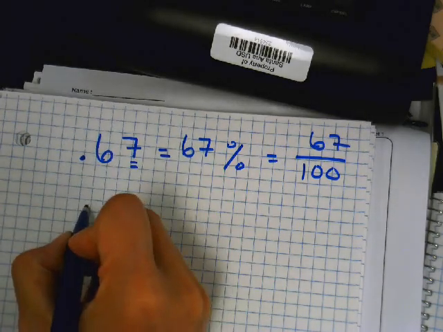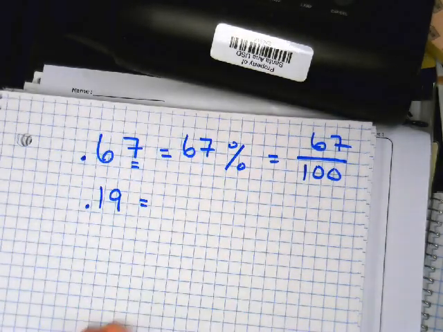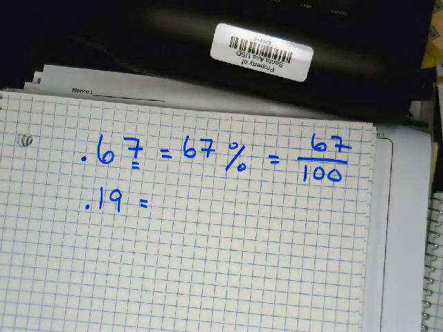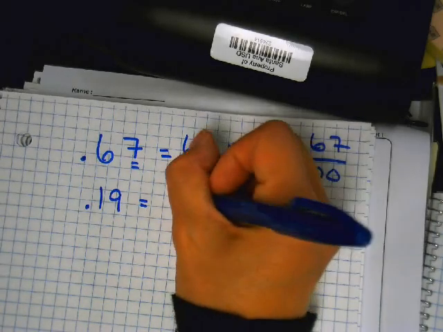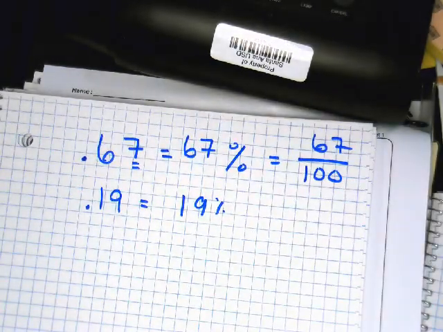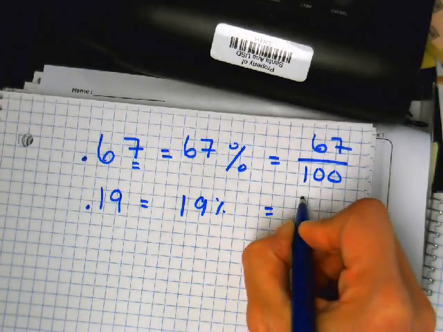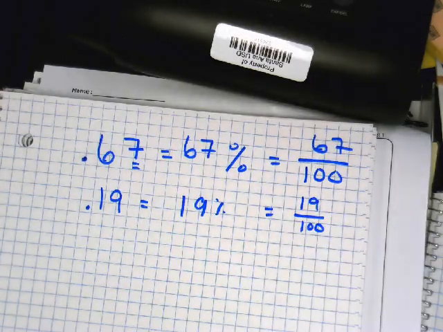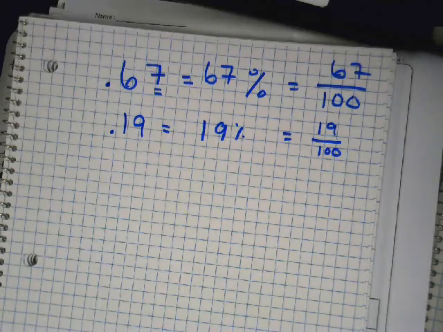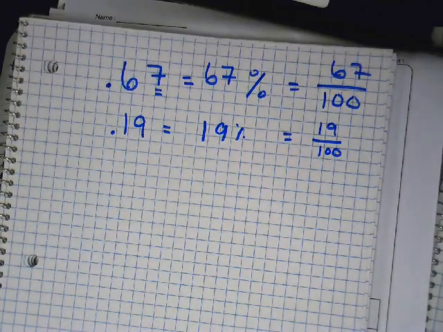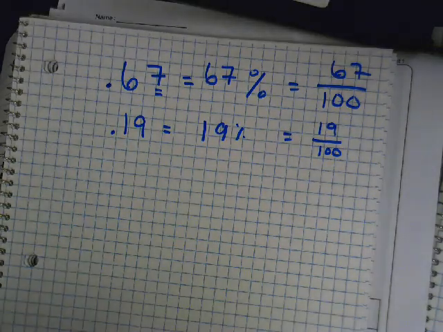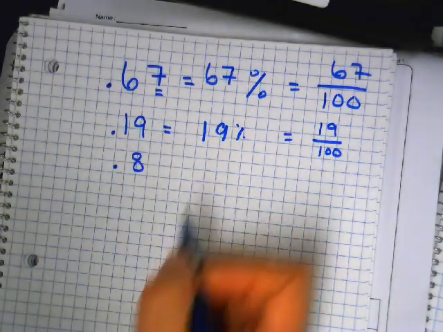Okay, 0.19, Andrew. If it's 0.19, what percent would be 0.19? 19%. Now, what fraction would 19% be? Very good. Because percents are always out of 100. So, what if it's 0.8? 8%.